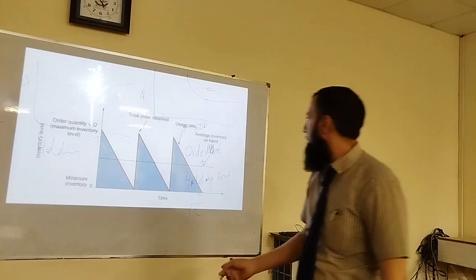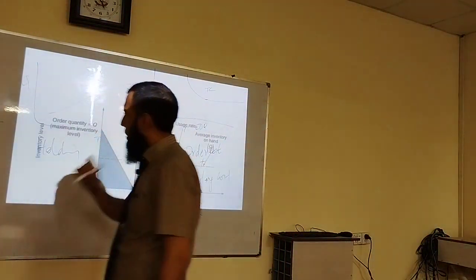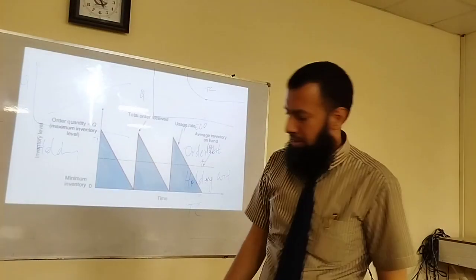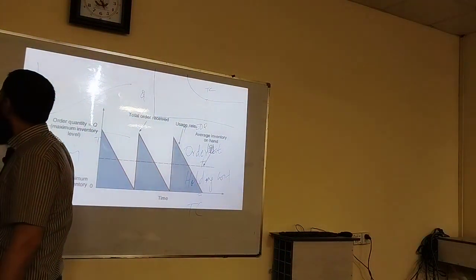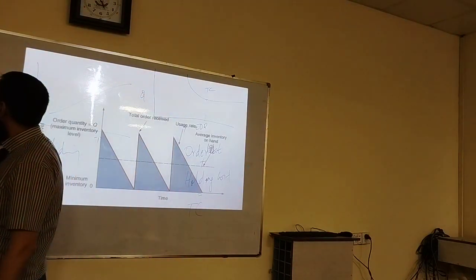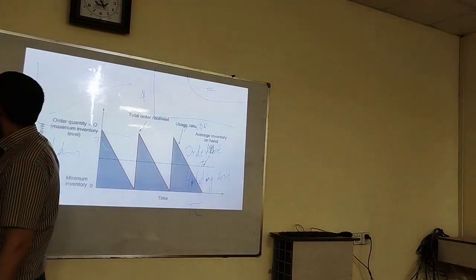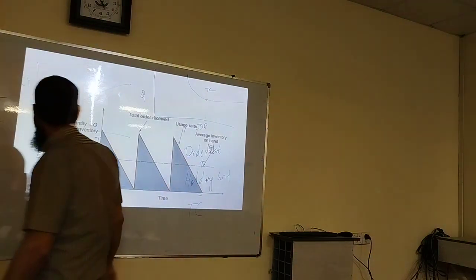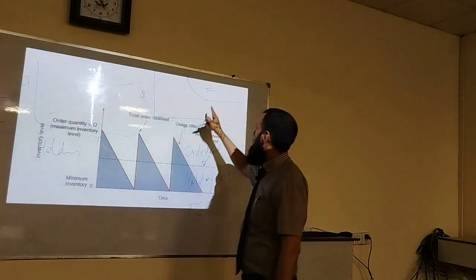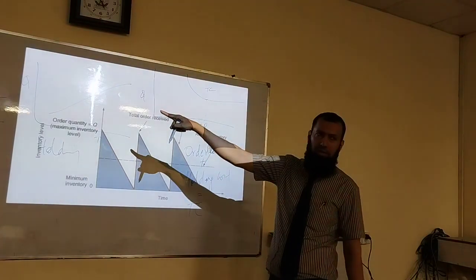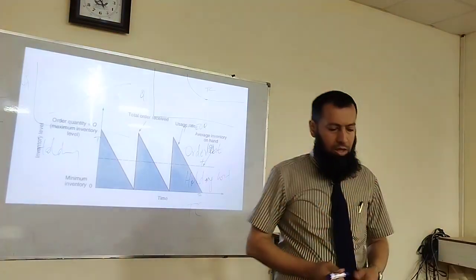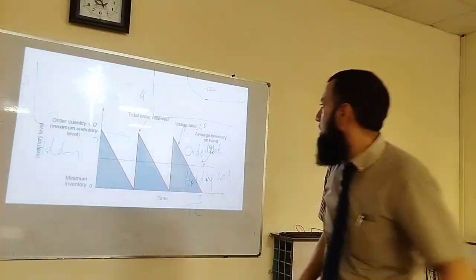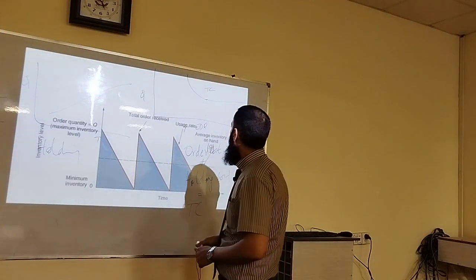And the ordering cost keeps decreasing with the passage of time. You may say ordering cost or setup cost. And this is the point where they both intersect. So the total cost is minimum at the point where they both intersect.